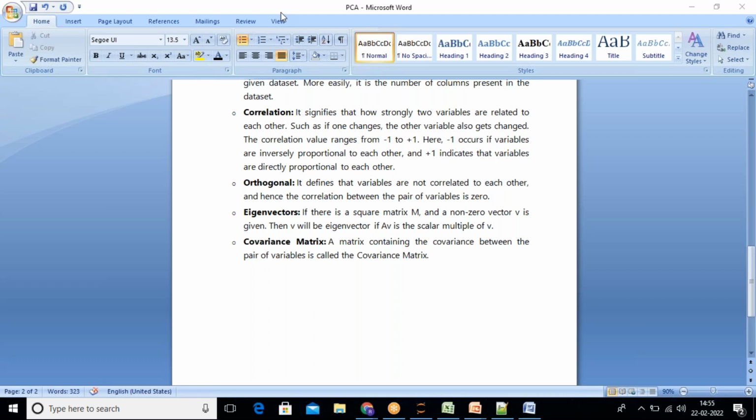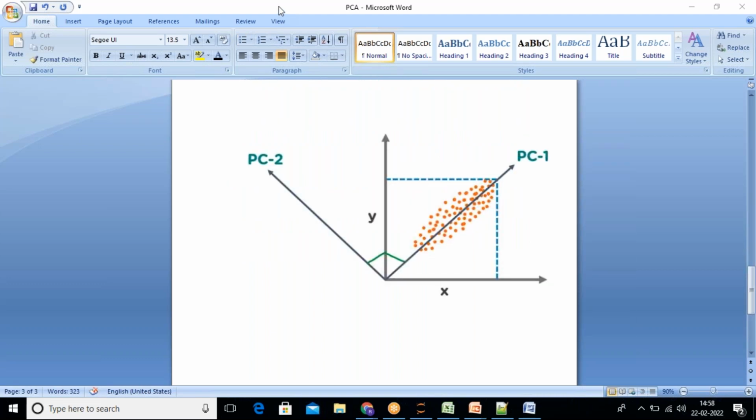Just have a look at this particular figure. Now, principal component analysis is an unsupervised technique of reducing the dimension.